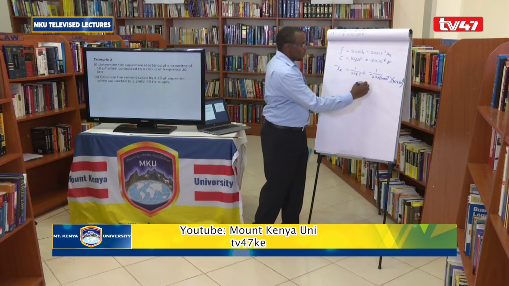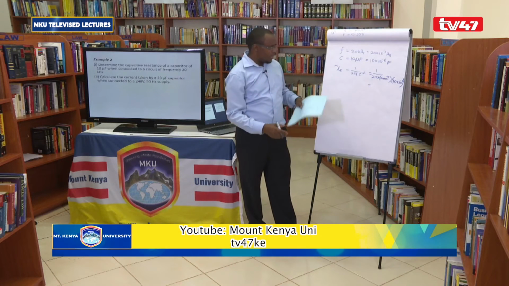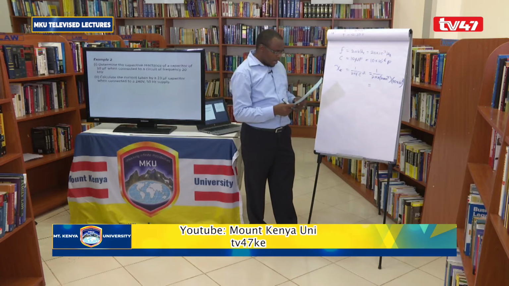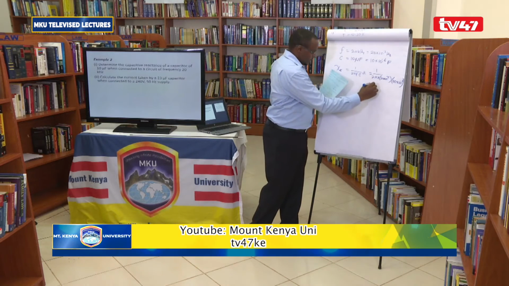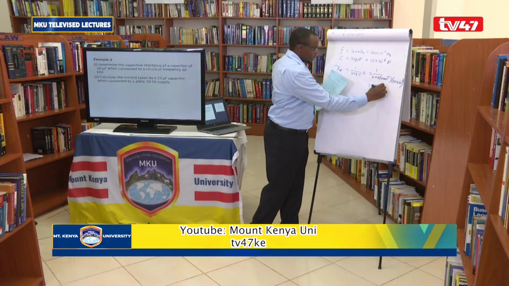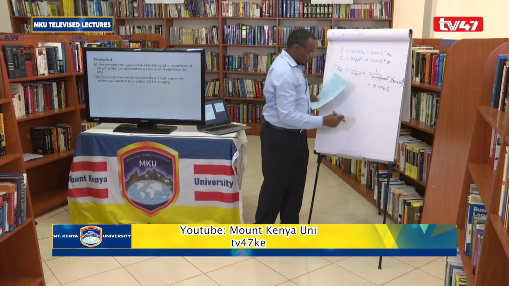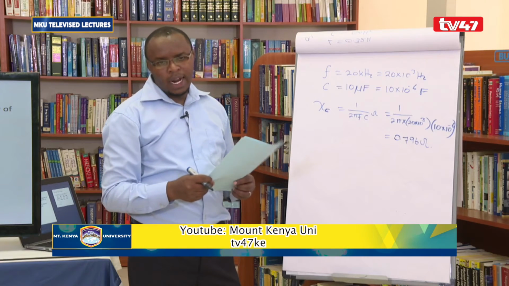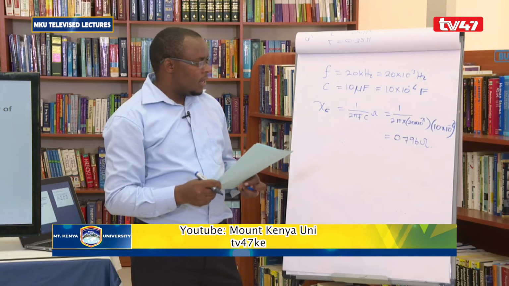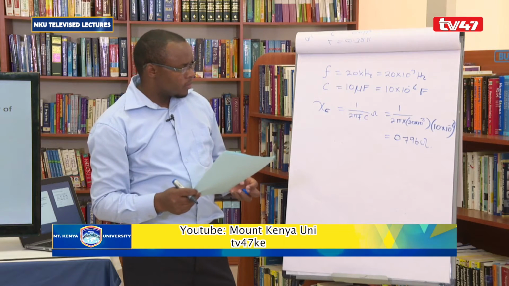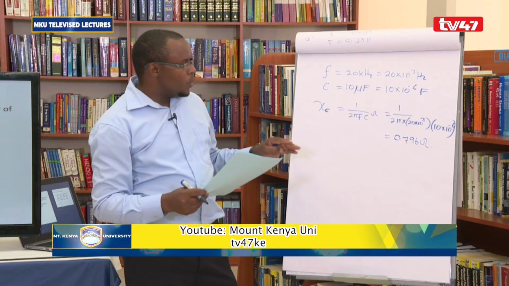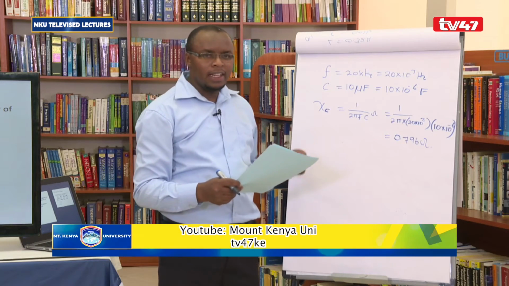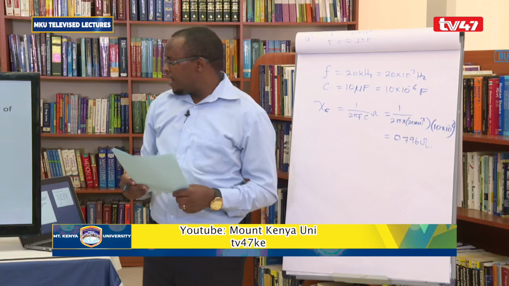When you work this one out, you are supposed to get an answer of 0.796 ohms. That's the way you get the reactance of that capacitor, or the capacitive reactance, when you have been given those values.